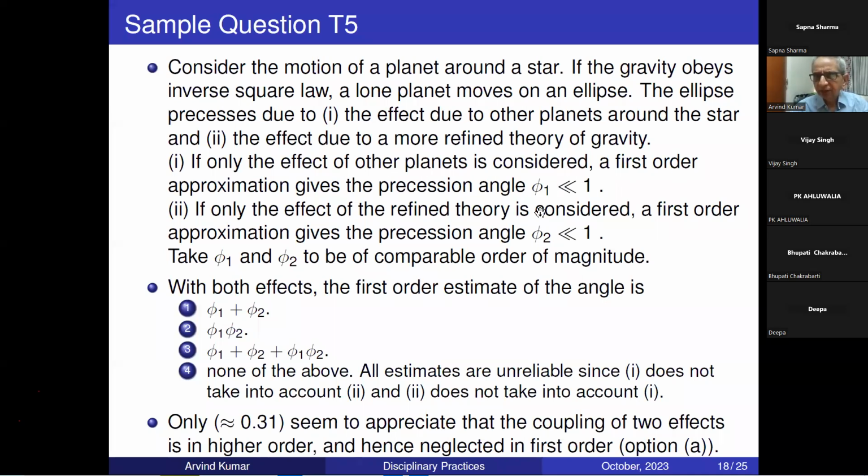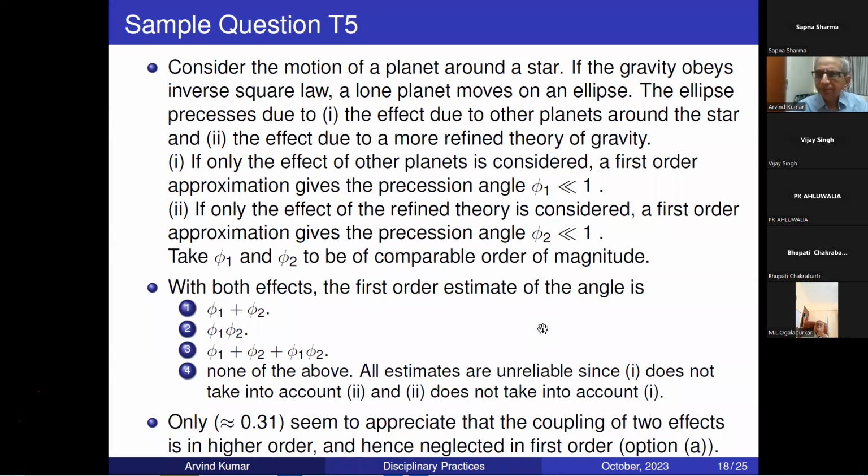From the experimental value. So Einstein supplied phi 2 due to his new theory of gravity, which he approximated. Of course, it was not an exact solution. He approximated to the leading order, and he got a leading order result very near to what was required. So phi 1 plus phi 2 matched the experimental value.